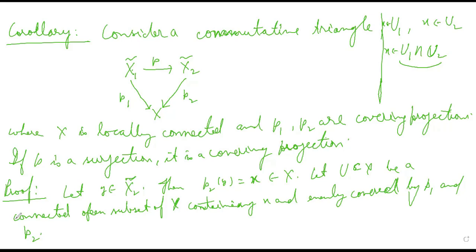So we can always get an open connected subset of X containing X which is evenly covered by P1 and P2.